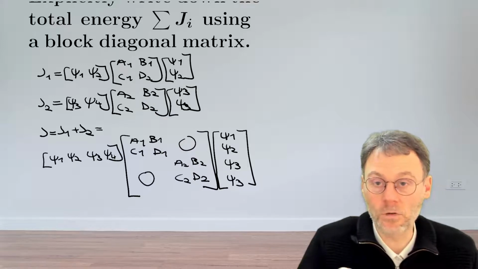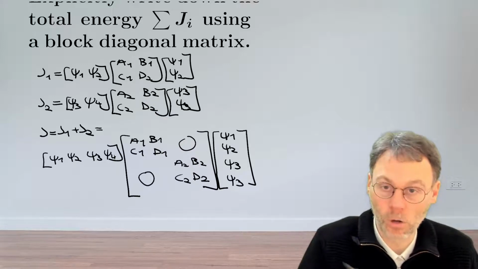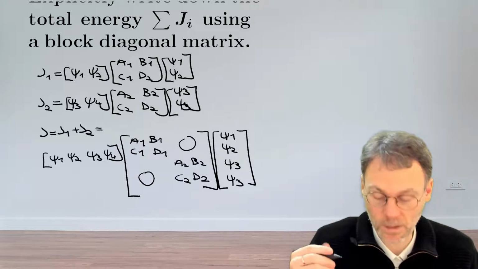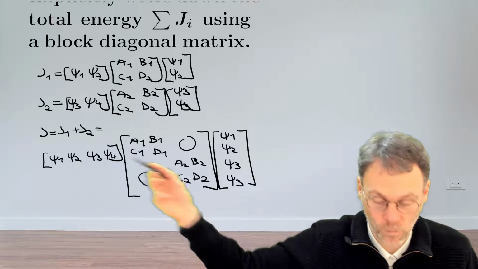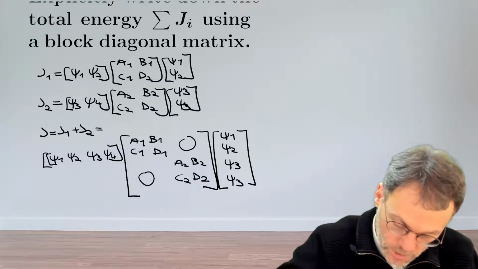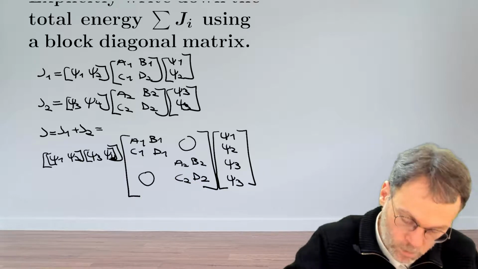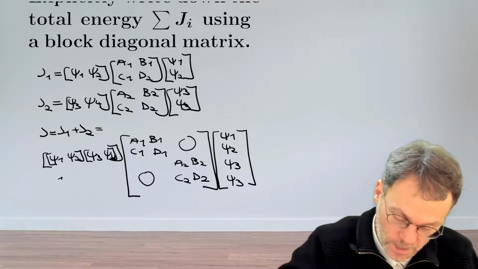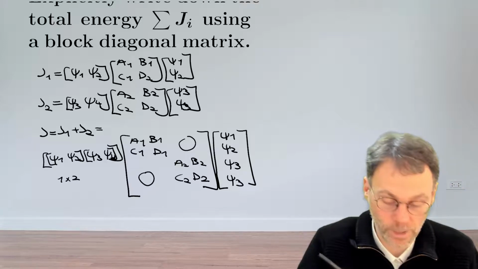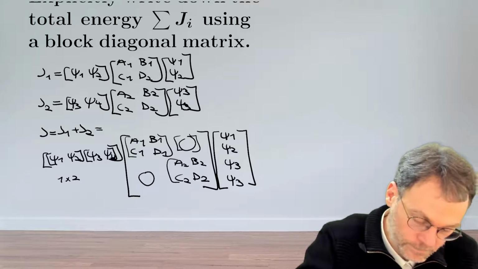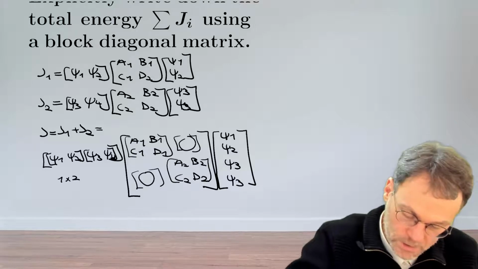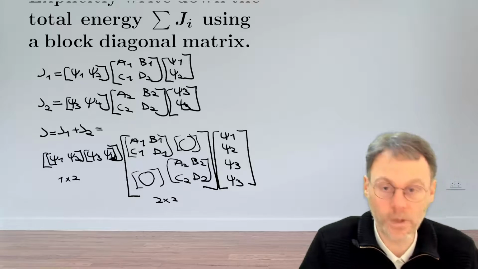For example, you could make use of block matrix multiplication to simplify this. So for example, rather than saying that this is a 1 by 4 vector, you just combine those into blocks such that this becomes then a 1 times 2 block matrix. And then you also have blocks over here, which is then a 2 by 2 block matrix.